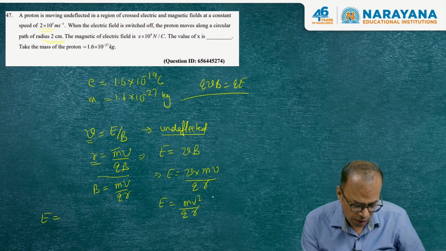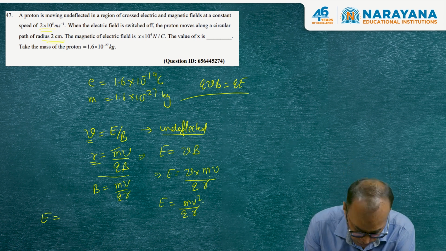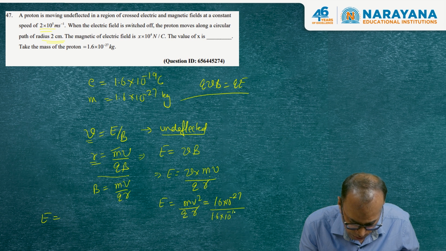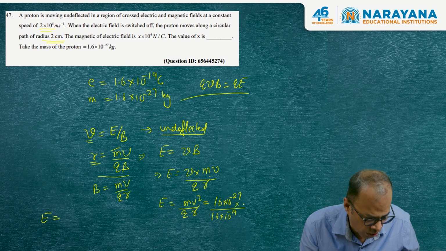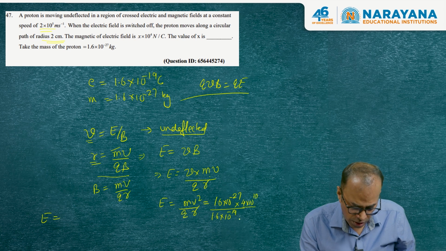Now you plug in the values. V is known to you, R is known to you, and E we can find out. Let's find out. 1.6 times 10 to minus 27 divided by charge 1.6 times 10 to minus 19, into V squared. V is 2 times 10 to the power 5, so V squared is 4 into 10 to the power 10, divided by radius.